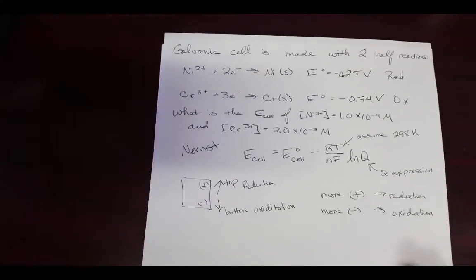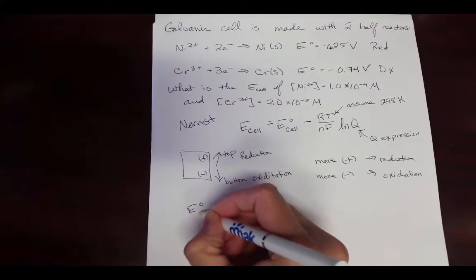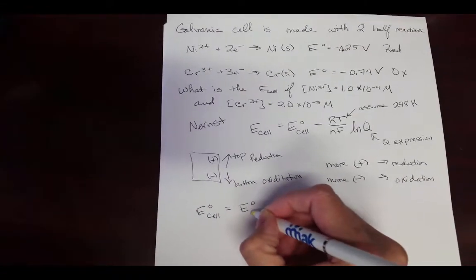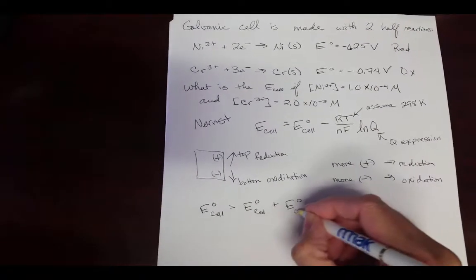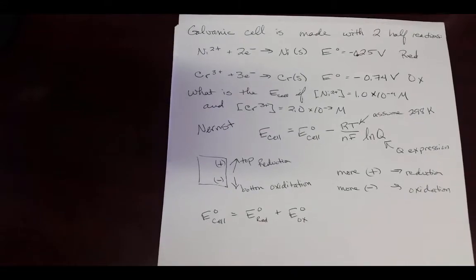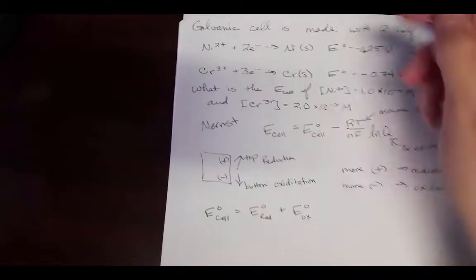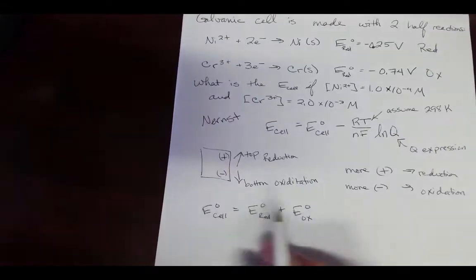So now that I have that figured out, I can go ahead and figure out my E standard of the cell. Now I'm going to use the equation that I like, which is the fact that I'm just going to add these together. I know the book does something different. You can find the other equation somewhere else, but I'm going to do it this way. And what I know is both of these are actually reduction potentials, because they're set up as reductions.